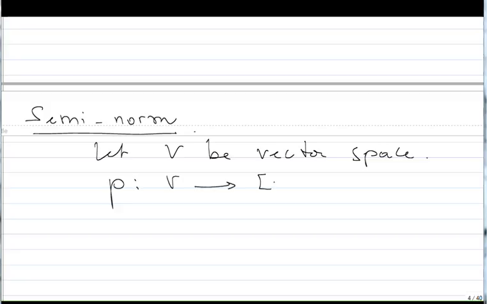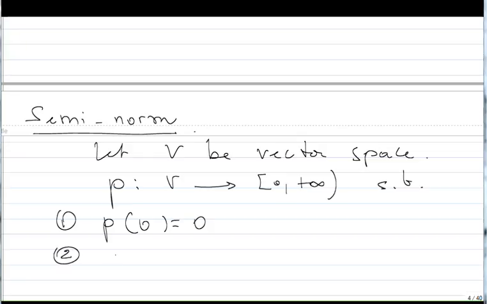Let V be a vector space, and we consider P that goes from V into [0, +∞), such that, number one, P(0) is equal to 0.